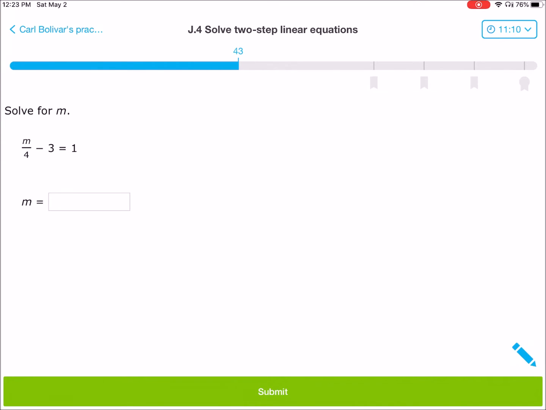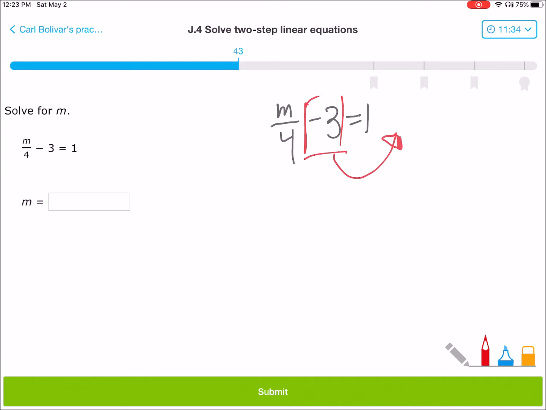Alright, now we have this equation. So, let's first write it out. This is m over 4 minus 3 is equal to 1. Okay? So, first we have to take this number to the other side.